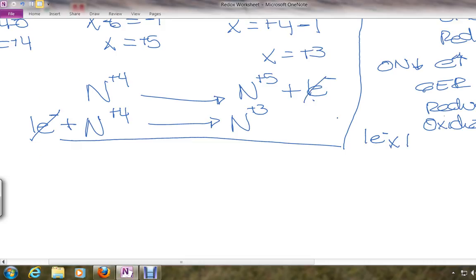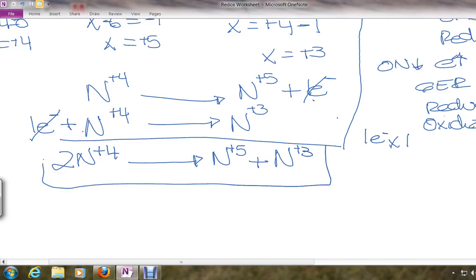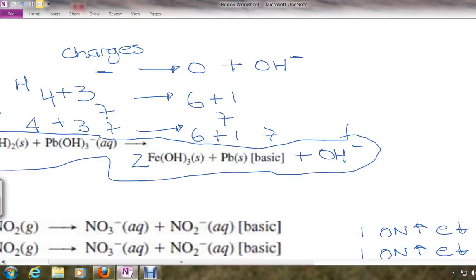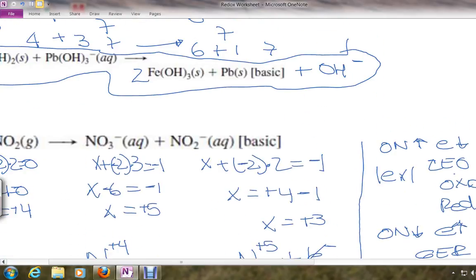This and this is the same, N4 and N4, so you can put a 2, right? 1 plus 1, 2. On the other side, you cannot add them because one is N5. That's why I'm writing now the oxidation number in this net redox, so that you're not confused. Because one nitrogen on the right side is going to be the NO2.